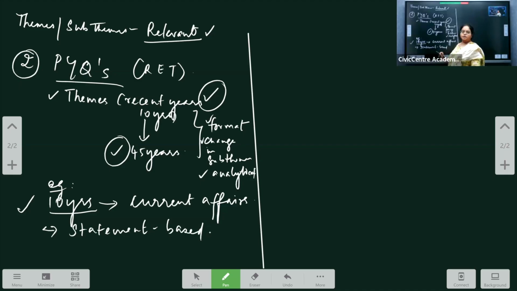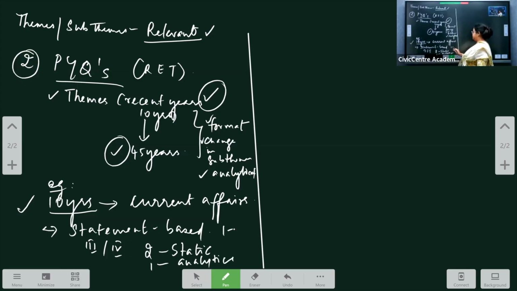In the statement based questions also, when there are 3 to 4 statements that are being asked, you might have observed that 2 statements are from the static portion and 1 statement is analytical and 1 statement is regarding the current affairs that happened that particular year. So that could be a trend that you might have observed in recent PYQs.